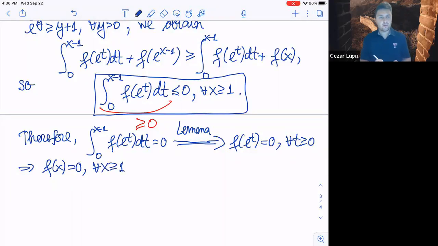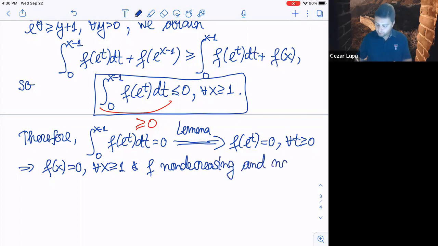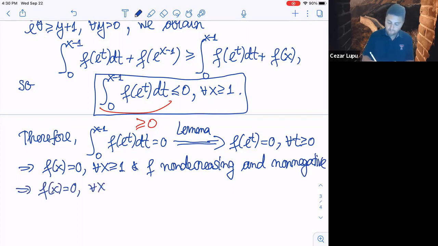But since f is non-decreasing and non-negative, this will imply that f of x is 0 for all x non-negative real. All right, and that's it. That's exactly what we wanted to prove.